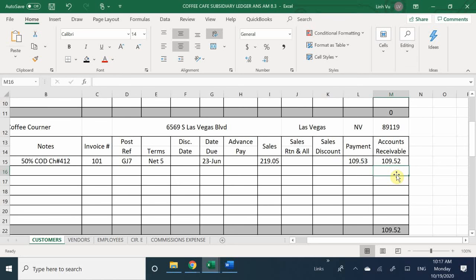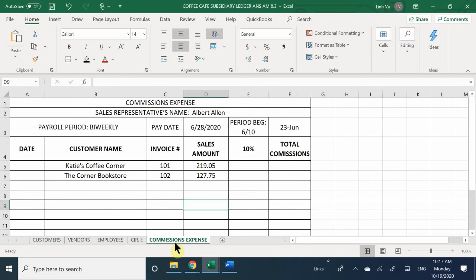Let's go ahead and look at commissions. Good. So, commissions. What was the date that he shipped the items to Katie? The 19th. Okay, I've got to go back and fix all my dates. The 19th. Good. All right, invoice 101.